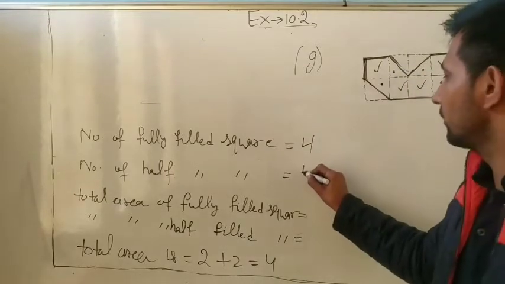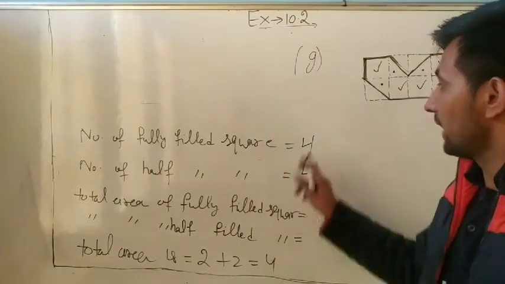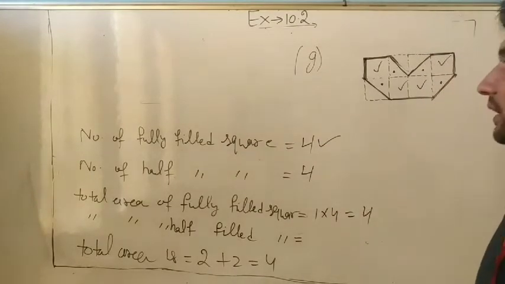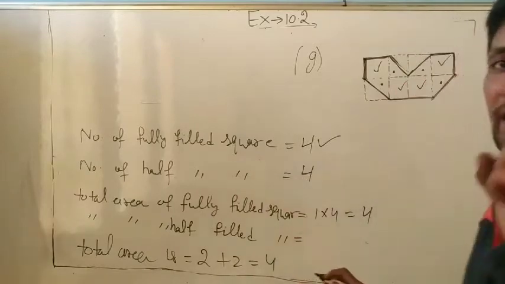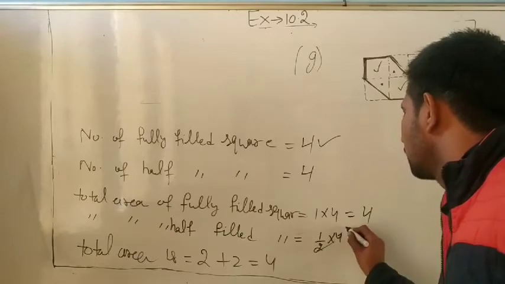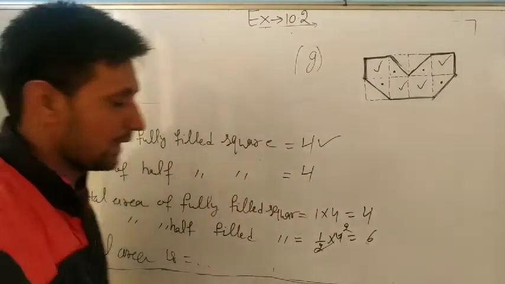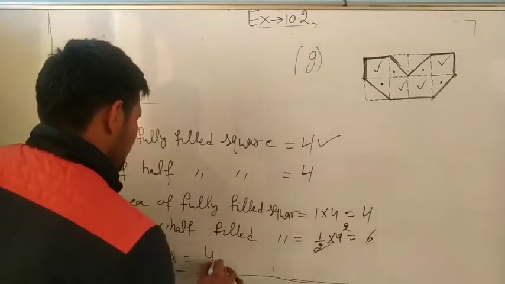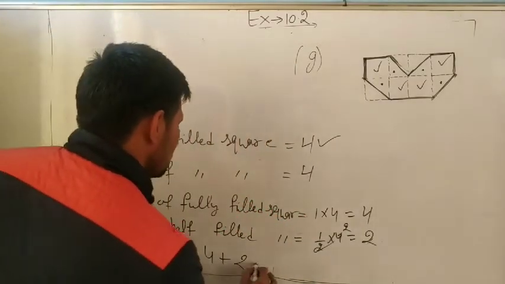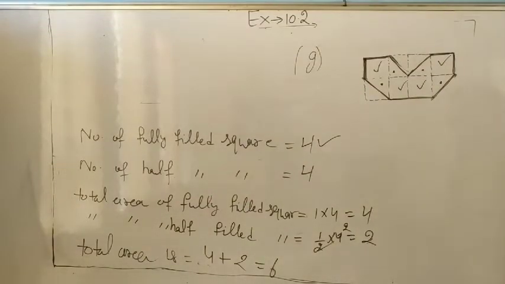The area of one fully filled square is 1 and total is 4, so 1 into 4, total is 4. The number of half filled is 4 and the area of half filled is half into 4, which is 2. So total area is 4 plus 2, which is 6. Same as it is, you can find the area of the other figure also.